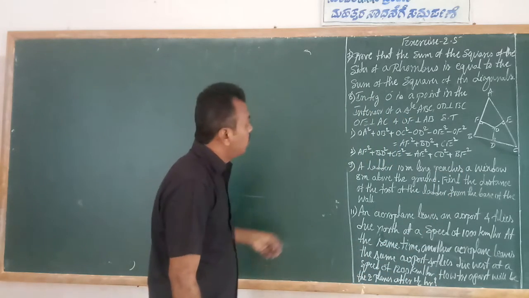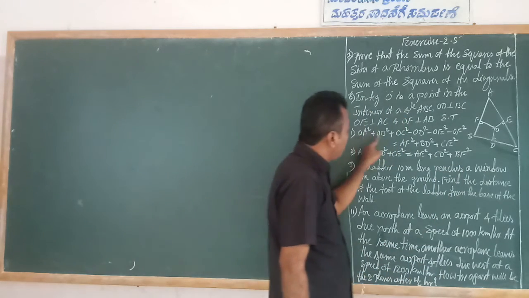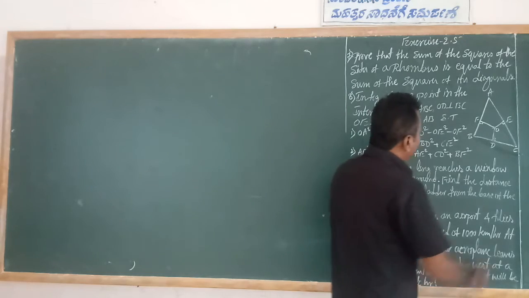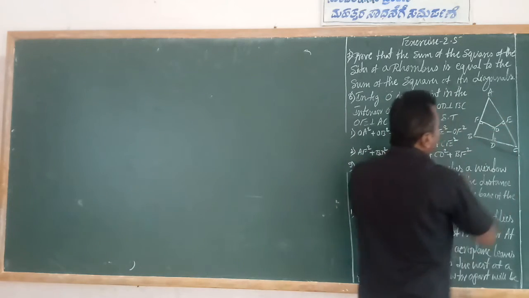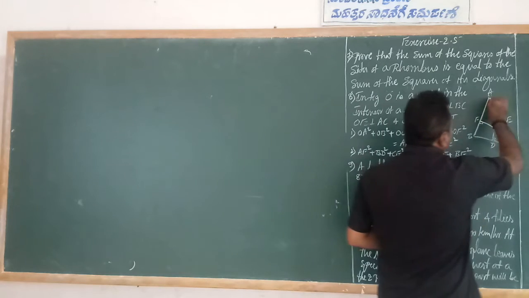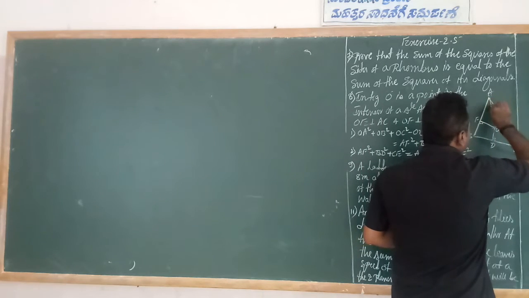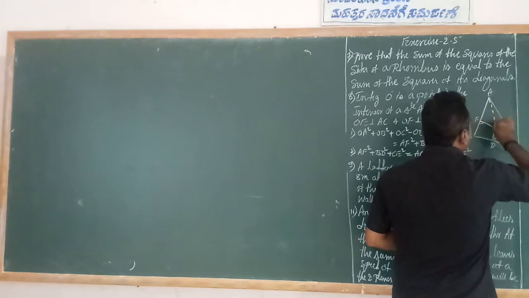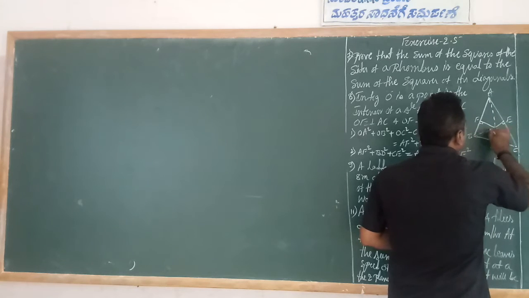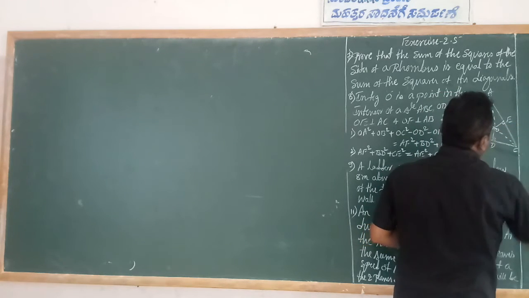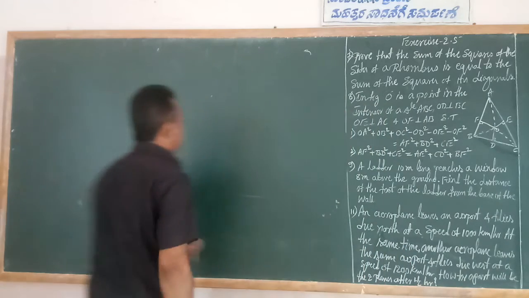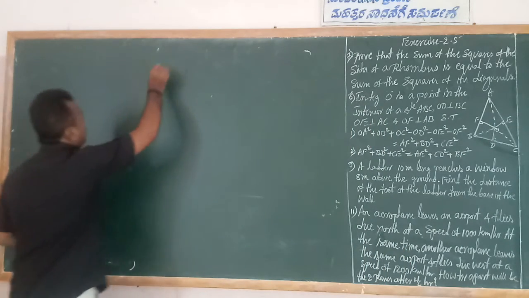So first, what they are proving is OA, OB and OC square, correct? So I will join OA, OB and OC. Okay, first write the given. So I will draw the diagram.